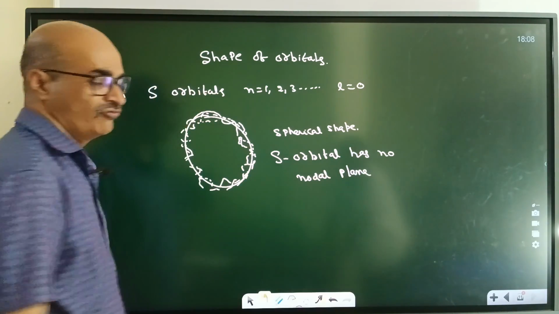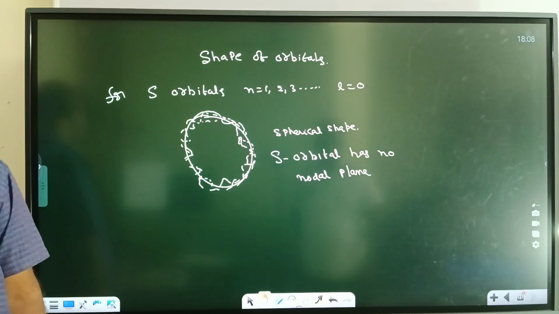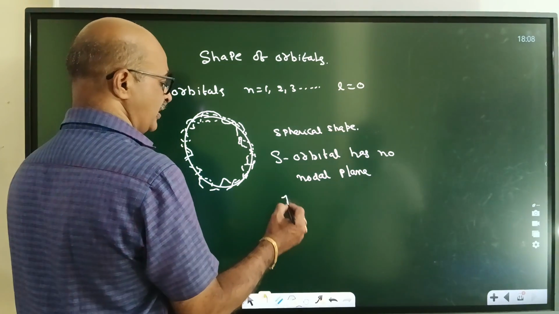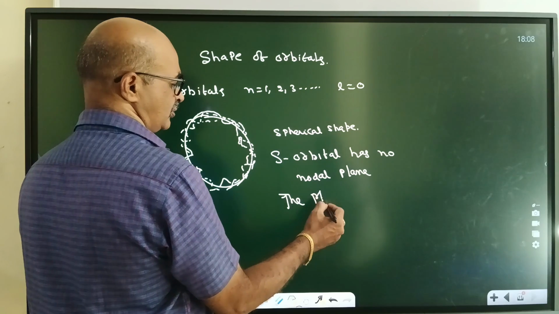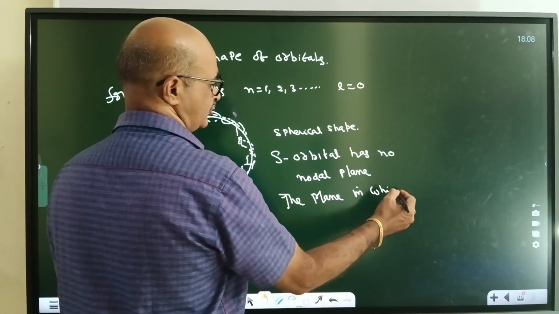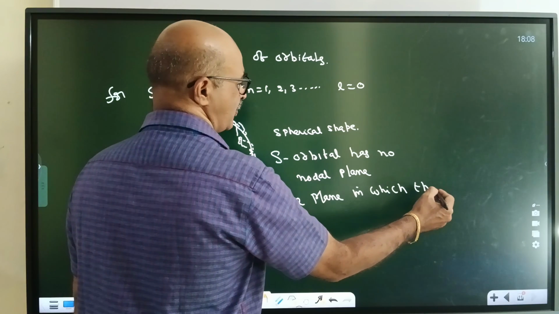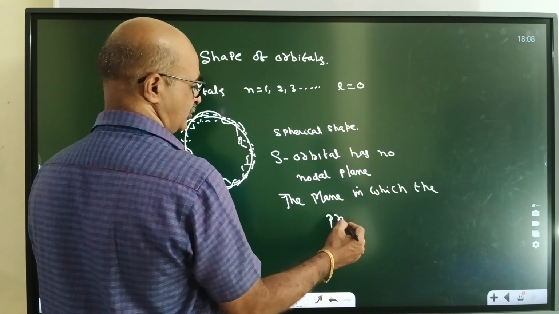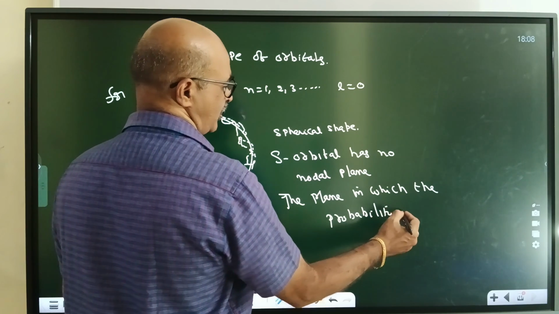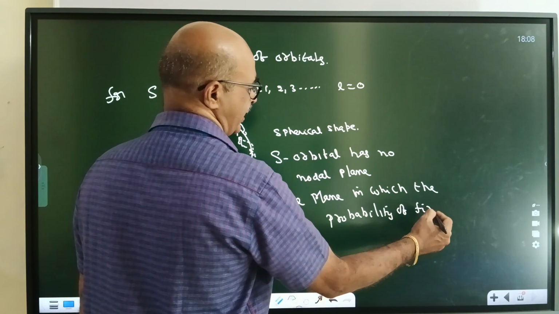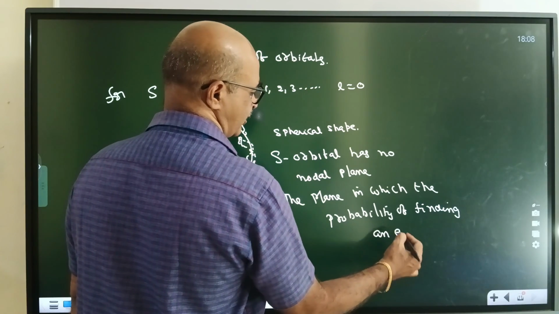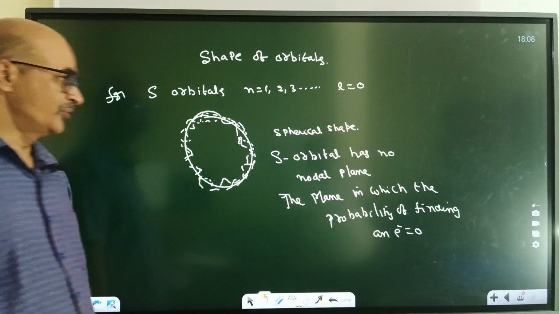Node is different from nodal plane. What is a nodal plane? The plane in which the probability of finding an electron is 0.